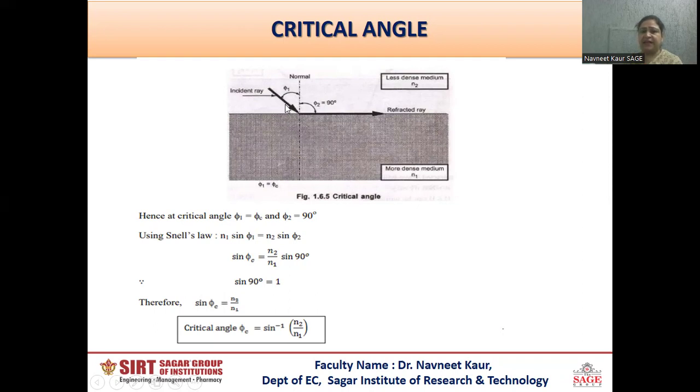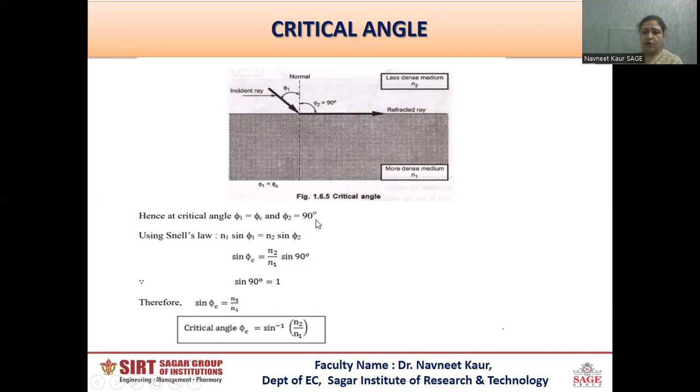That means in that case, the light will not be propagated in the second medium. Rather, it will be propagated back into the first medium only.